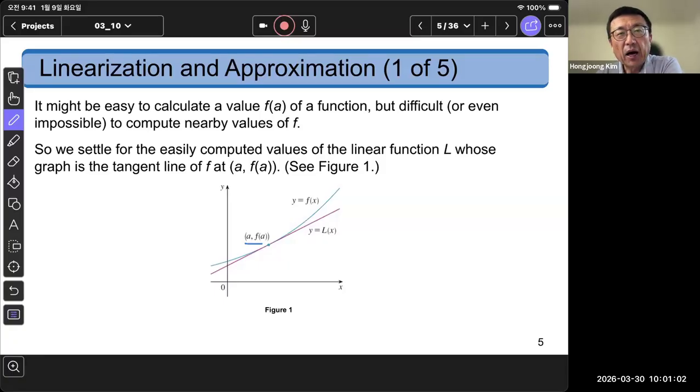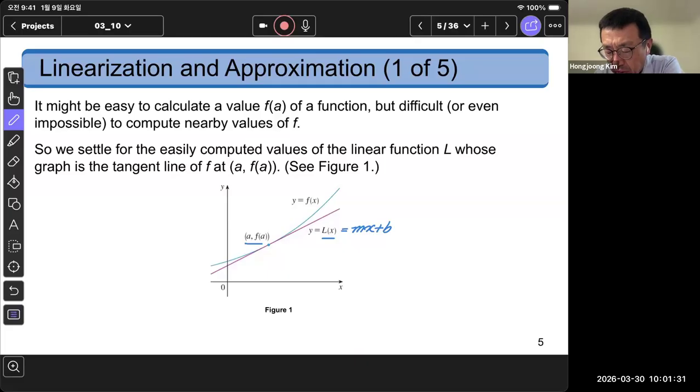In that case, I can find the tangent line at a given point, right? So the tangent line, the red one, can be derived. And as you know, the tangent line is given in the form of an mx plus b type equation. In other words, that is the first order polynomial in x.